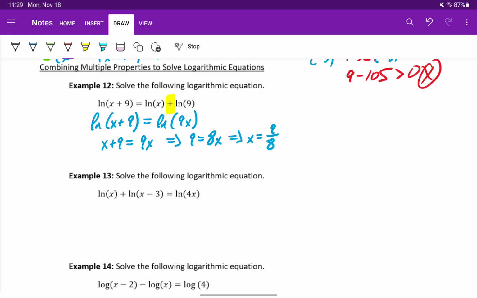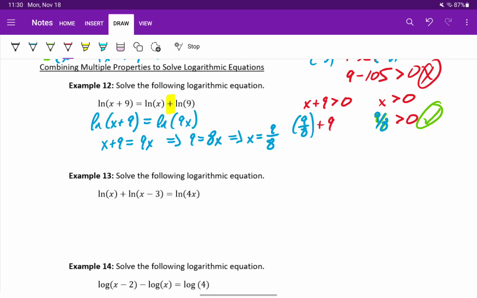Looking back at the original expression, we need to make sure that x plus 9 is greater than 0 when we use this value for x, and that x is greater than 0. It's easy to see that 9 over 8 is greater than 0, so that checks out. Now we plug in x equals 9/8 into the other expression.